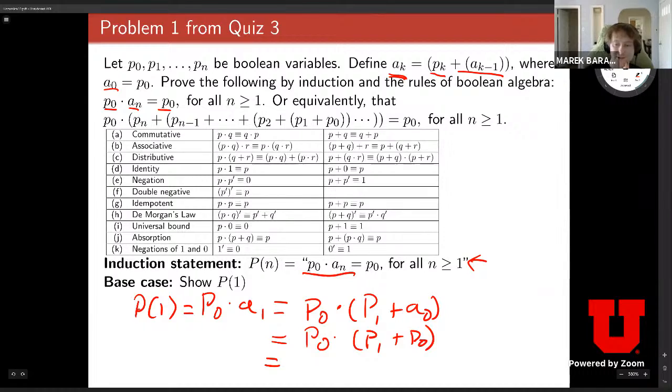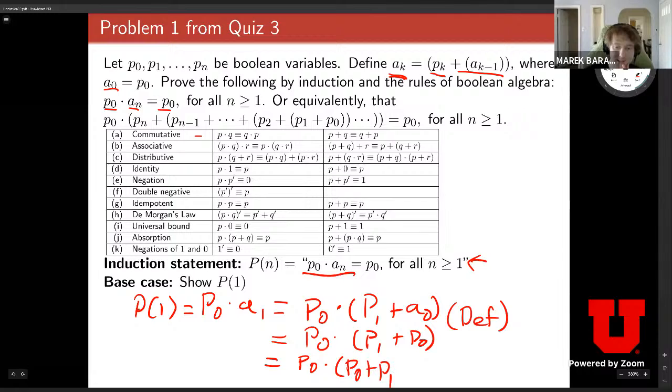Then we can apply the commutative rule to get P0 times (P0 plus P1), and that equals P0 by the absorption rule right here.